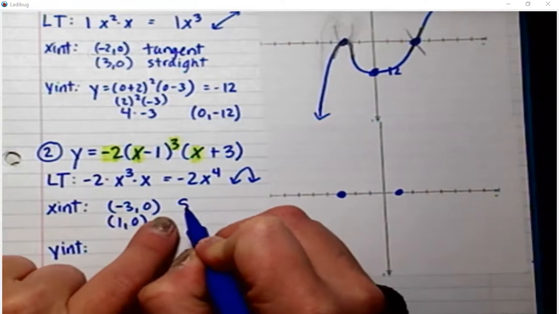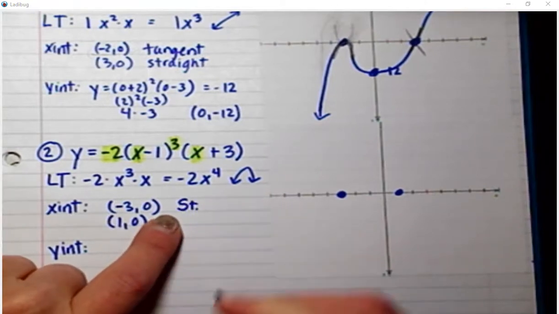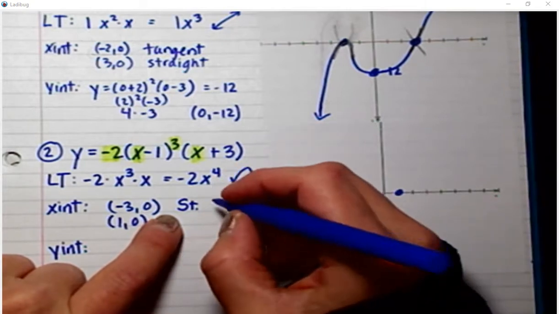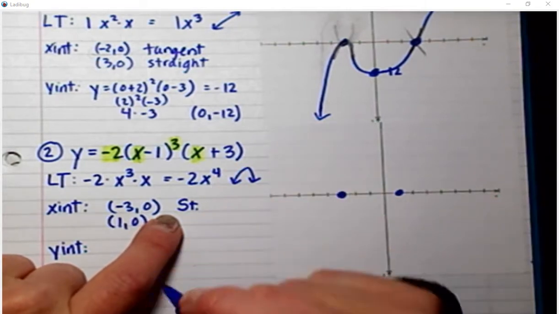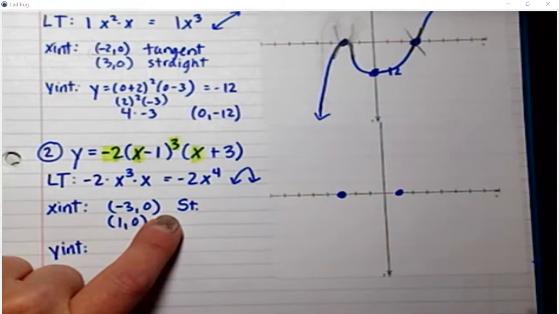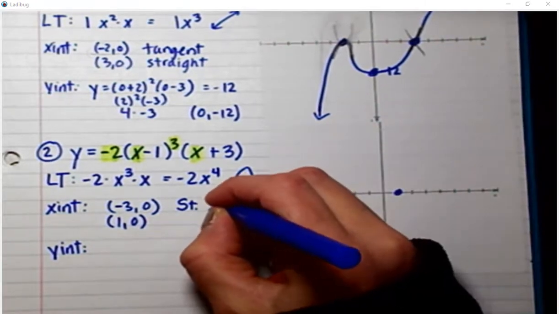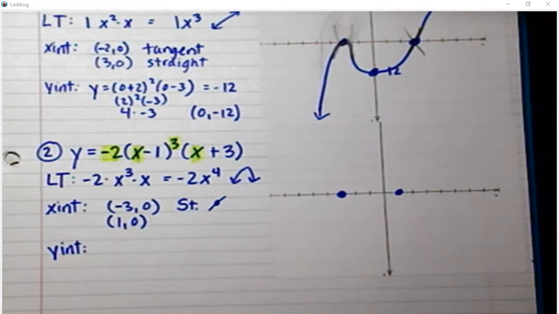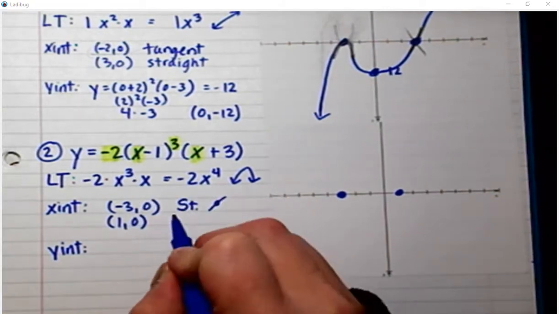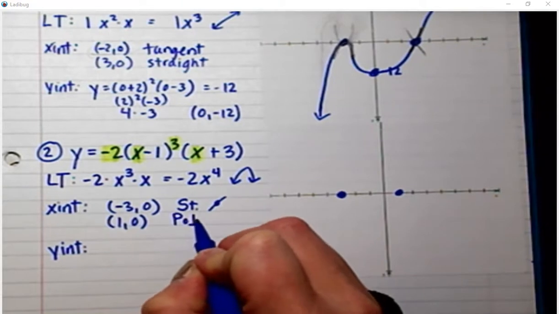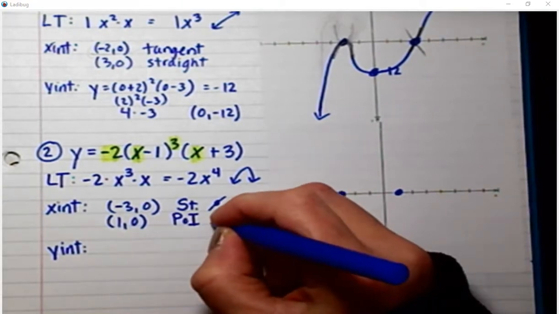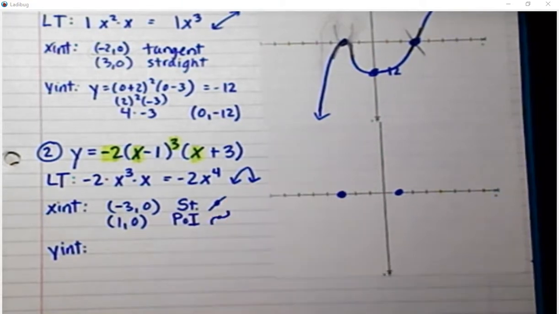Okay, so this one is straight. This one is straight. I don't feel like writing the whole thing, so I'm just going to write ST for straight through. Okay, you want to make a little note to yourself? It's supposed to be straight. Okay, 1, 0 is a point of inflection, which means it's that curvy thing.